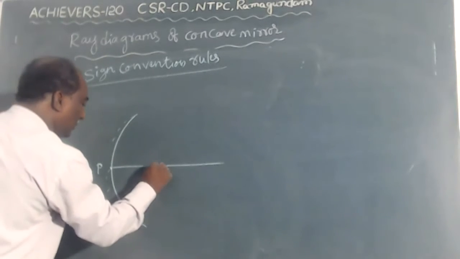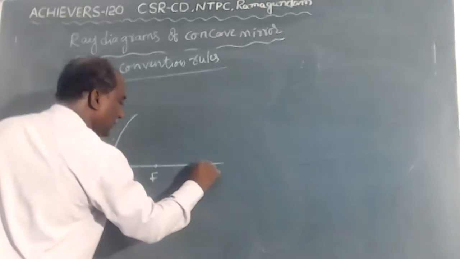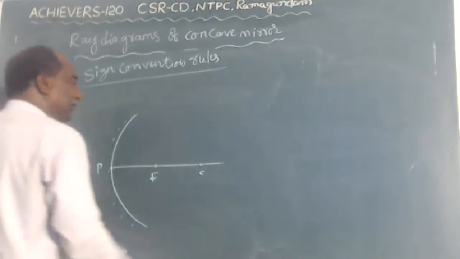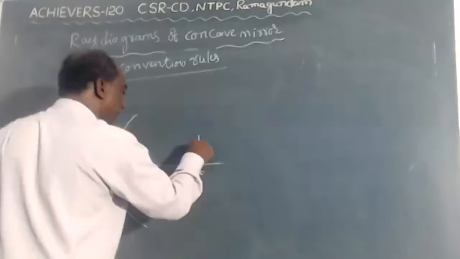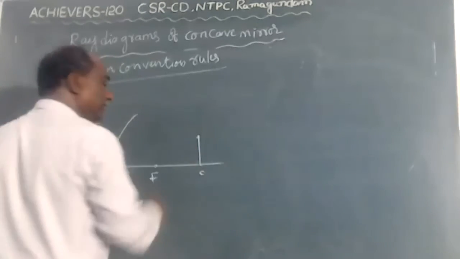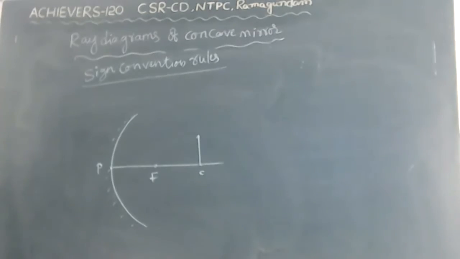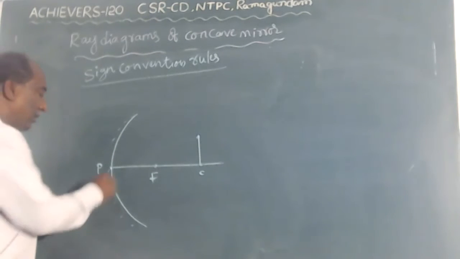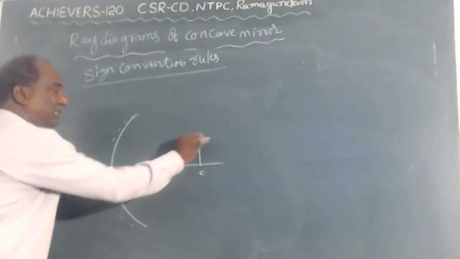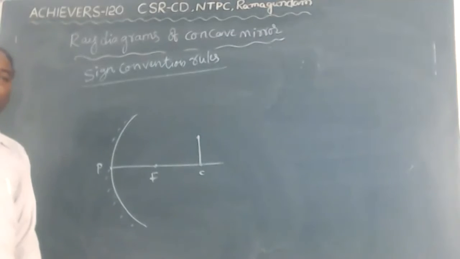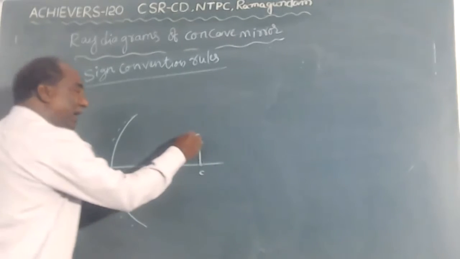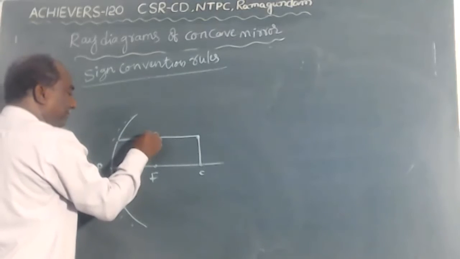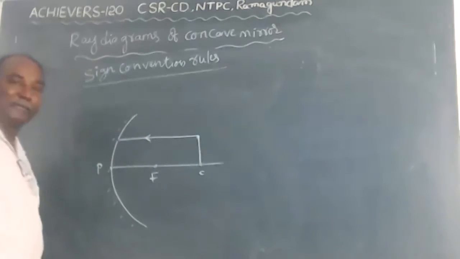Pole, focus, and center of curvature. For example, this is the object. Very important sign convention, children. So it is a concave mirror with pole, focus, and center of curvature. Just imagine this is the object. A parallel ray comes from the object straight to the mirror.